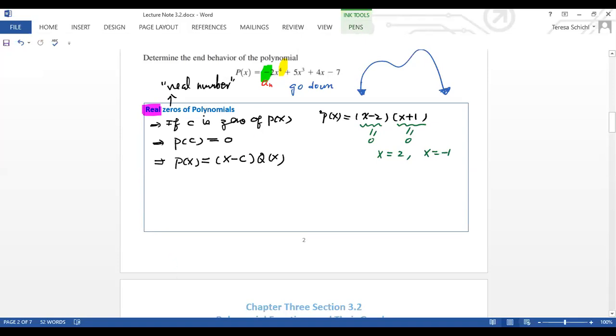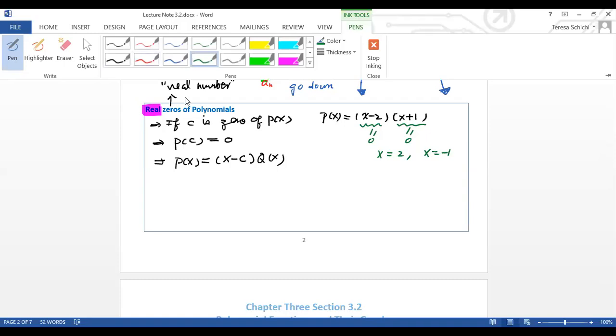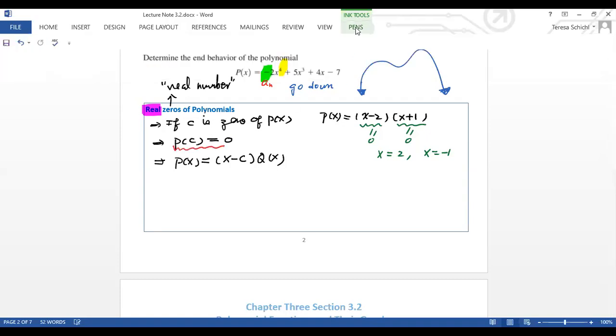That means you can factor that out. Really, the zero is also the x-intercept of P(x), because the x-intercept means y equals 0, that means P(x) equals 0.